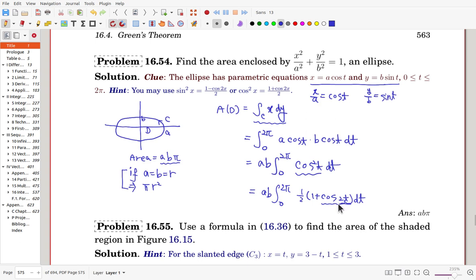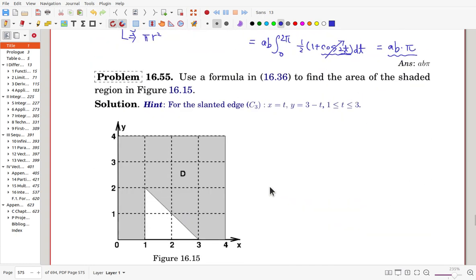Because it is half positive and half negative, in integration the contribution must be 0. So we may ignore this portion. Now the remaining integrand is half, and the interval length is 2 pi. So we have ab, and from the integral we get pi. So we get the right answer. By using this formula, we can get the area quite easily.